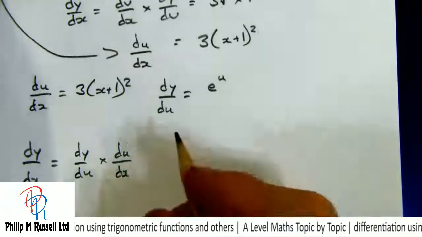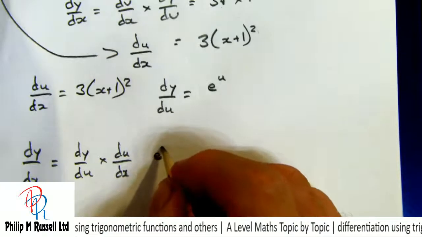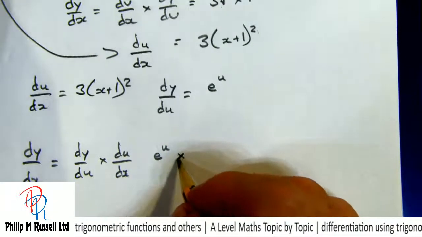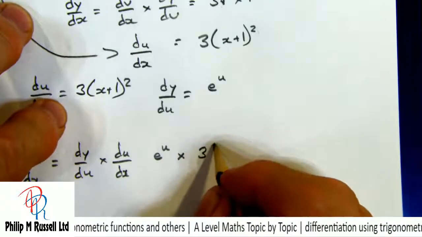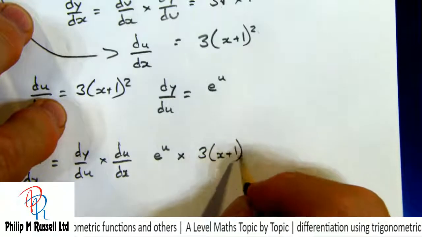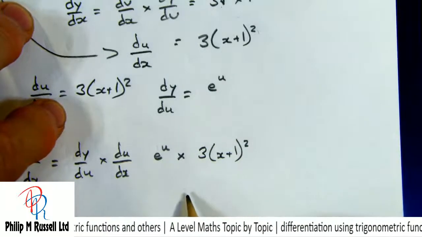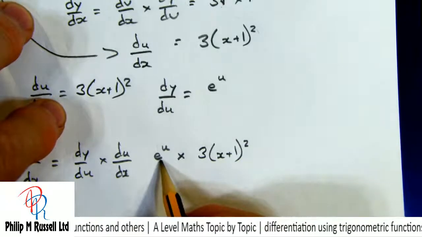This is going to give us e to the u times 3(x plus 1) all squared, and we know that what we started with was e to the u.